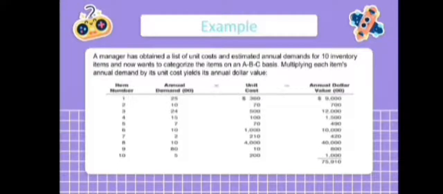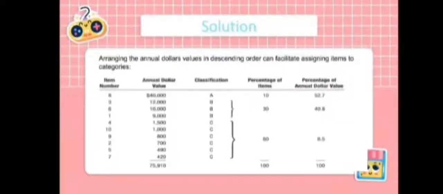Then after that, we have to add all the annual dollar values. So it gives us 75,910 US dollars. Here we have to apply the second step, arrange the annual dollar values in descending order.